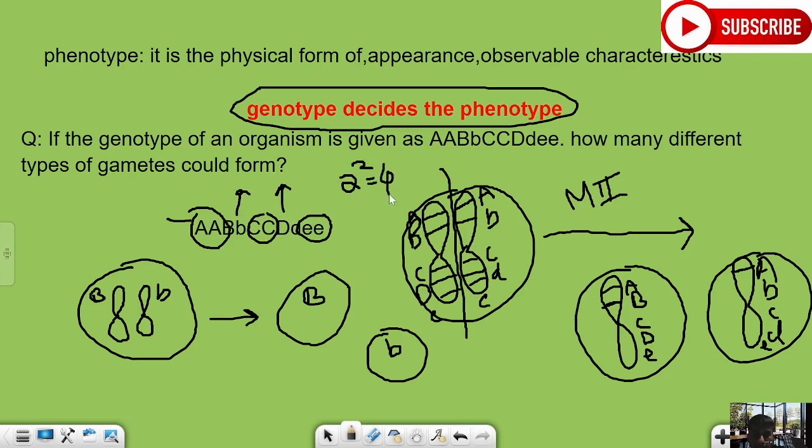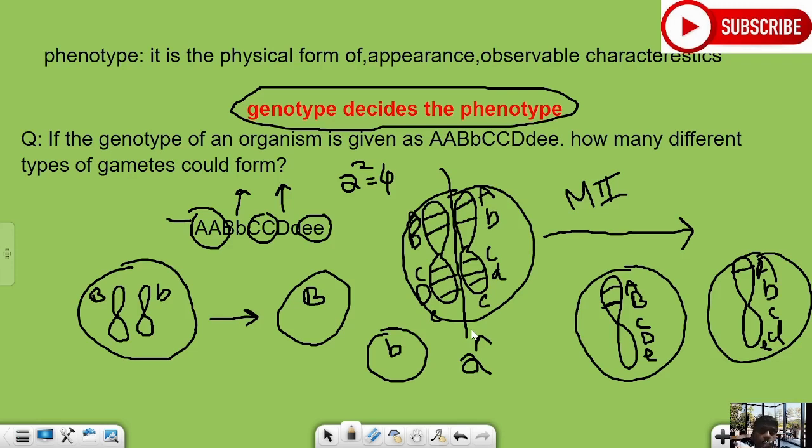That is the answer. I have earlier written the equation 2 raised to n. The number of different types of gametes is equal to 2 raised to n, where n is the number of heterozygous genes. So this is the condition. It is not the number, it is about the types of gametes. So four types of different gametes will be formed: capital B, small b, capital D, small d.